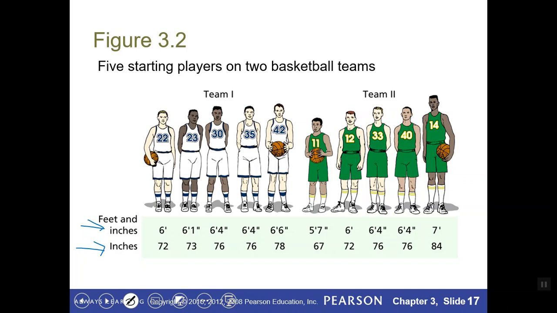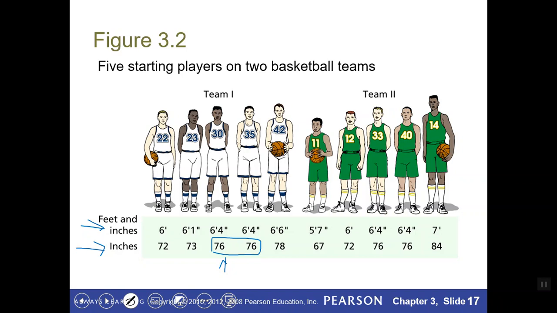For team 1: 72, 73, 76, 76 and 78. In team 1, the frequency of height 76 is 2, so definitely 76 is the mode. And you can find the median and the mean as well using our equations.